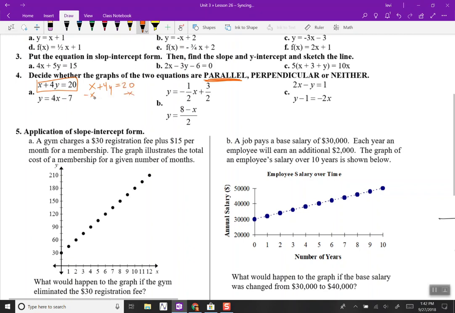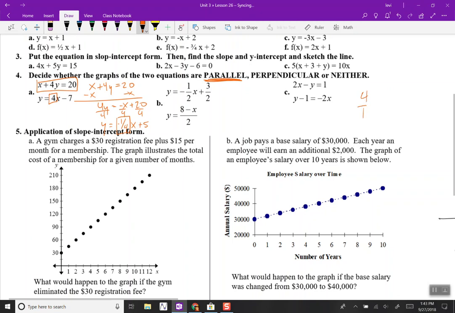Subtract x. 4y equals negative x plus 20. Divide by 4. Y equals negative 1/4 x plus 5. So what was the slope? Negative 1/4 and 4. What are those called? Those are opposite reciprocals of each other.